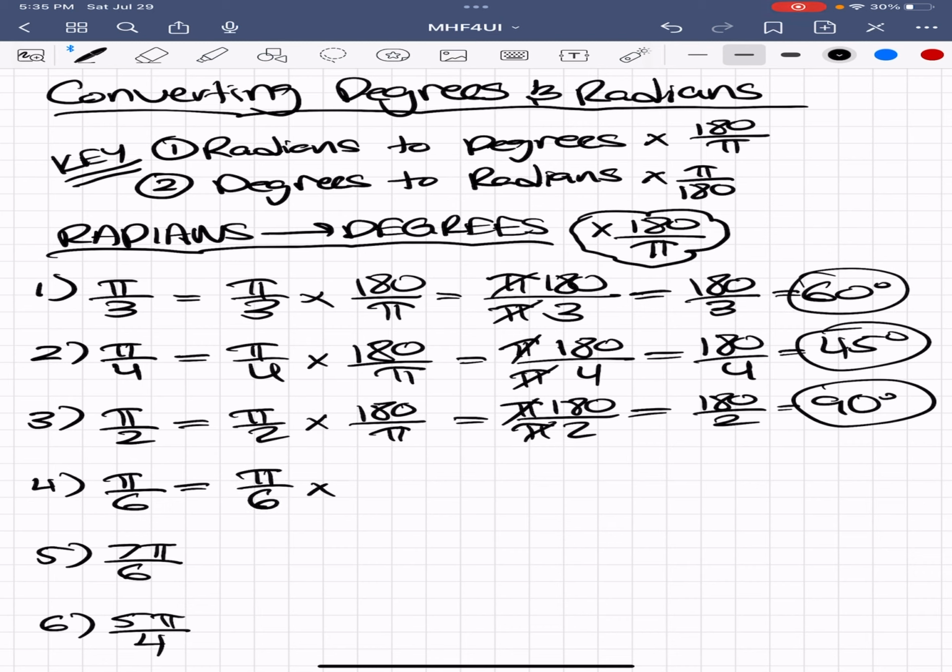Again, pi over 6 multiplied by our conversion factor, which is 180 over pi. Pi is common on the top and the bottom, so you can cross it out. And we're left with 180 divided by 6, which is 30 degrees.